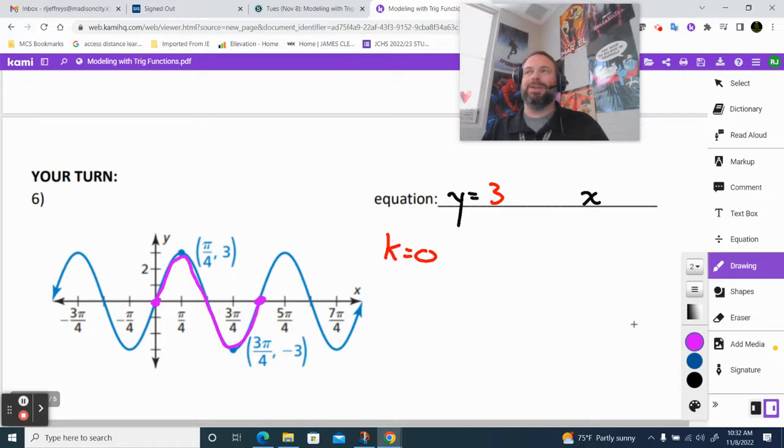No, we have two choices, sine or cosine. Sine, yeah, I said follow this path, and somebody said 3. Okay, all right. So all we need now is to find our B.